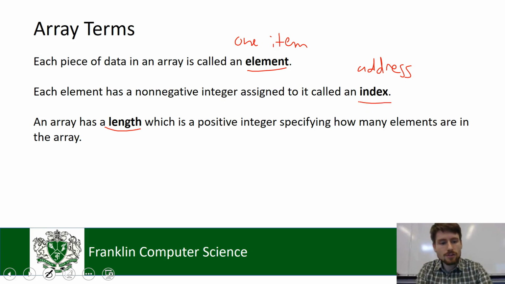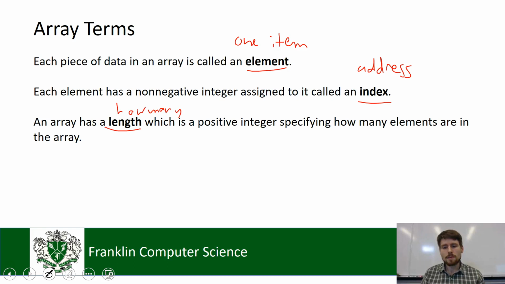The index is the address, the length is how many items. And it's going to be a positive integer, right? You can't make a list with no items in it. You can't make a list with a negative number of items in it. It could be something like 5 or 10 or 100. That's going to be how many elements there are in the array.